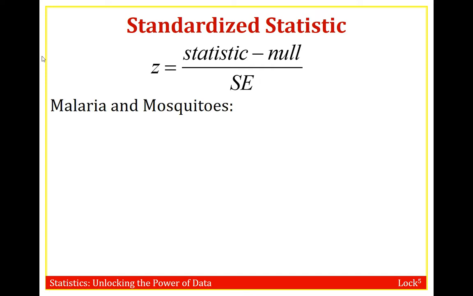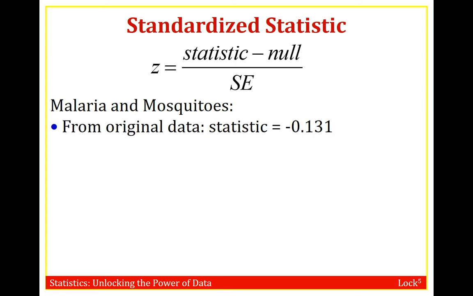We're going back to this data and just referring to it for a second. We take the malaria and the mosquitoes from the original data set, and we had a negative 0.131. That's what we had. When we did that data value, that was us just doing math. I took the first proportion minus the second proportion, and I got the negative 0.131.